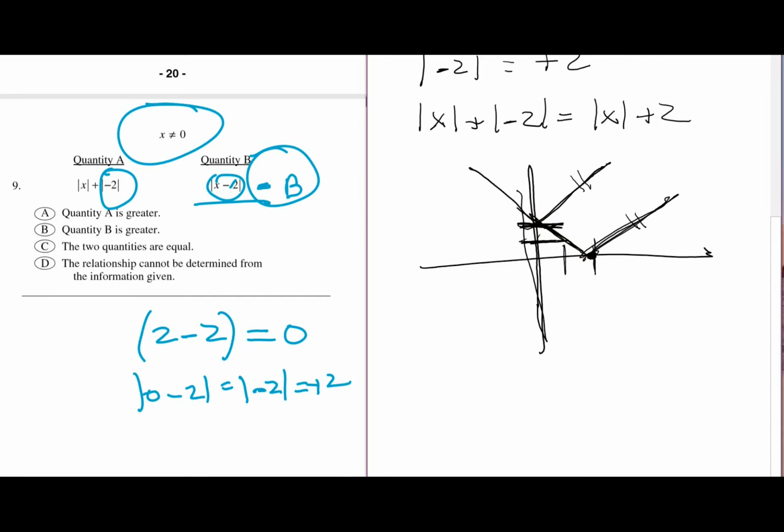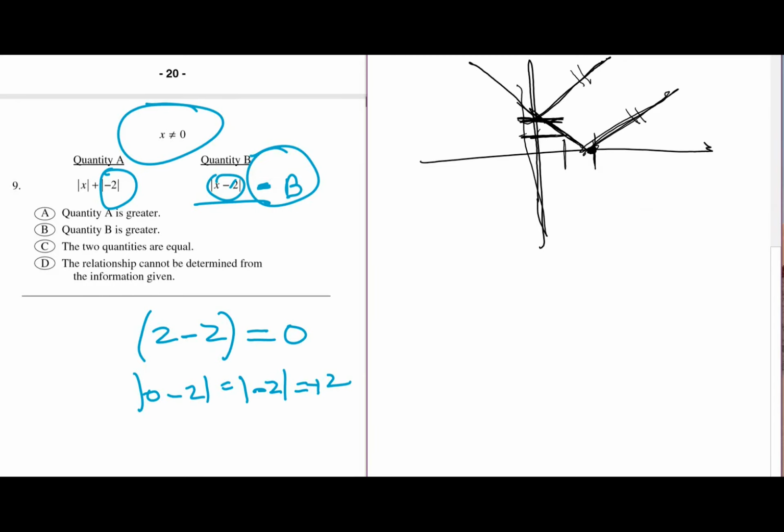So what you find here is that absolute value of x plus 2 is greater than absolute value of x minus 2 for all x greater than 0.